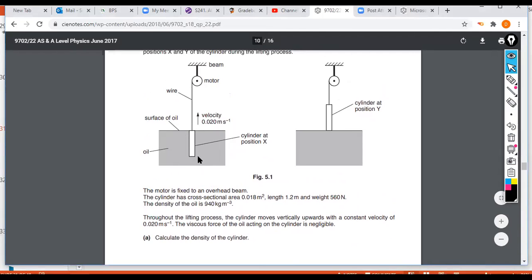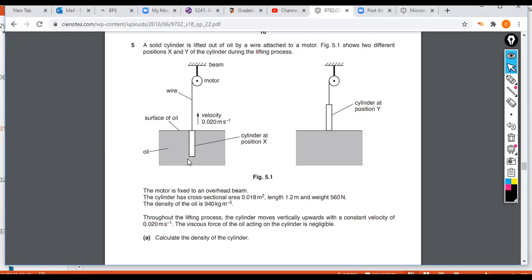There are more collisions between the particles in the oil on the bottom surface than on the top, because as we get deeper and deeper down in the fluid, the pressure increases. The pressure is force per area. So the upthrust is the force that explains why things float, why a hot air balloon rises. There are more collisions on the underneath side than above it, so there's a net force acting upwards, and that's why we call that force upthrust.